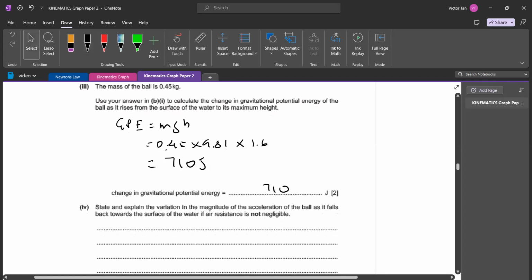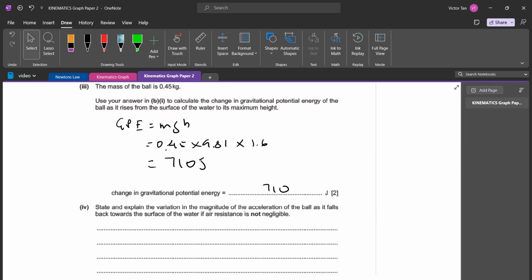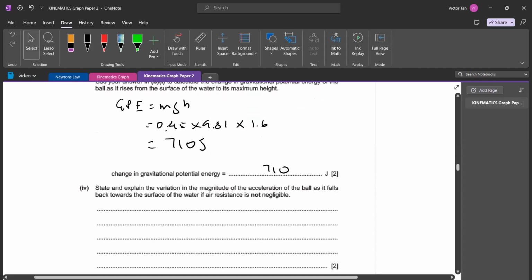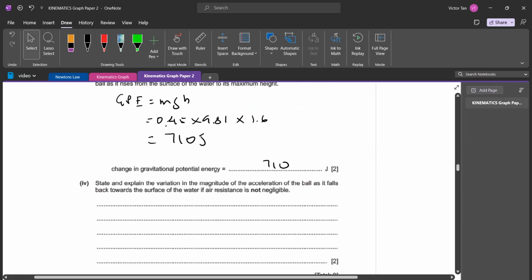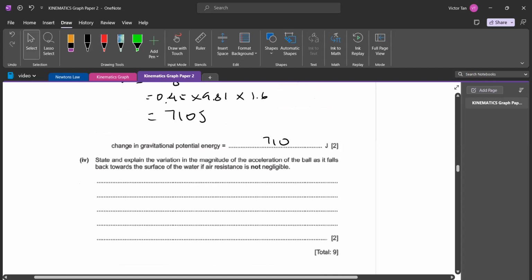State and explain the variation in the magnitude of the acceleration of the ball as it falls back towards the surface of the water if air resistance is not negligible. If air resistance is not negligible, that means there's air resistance.